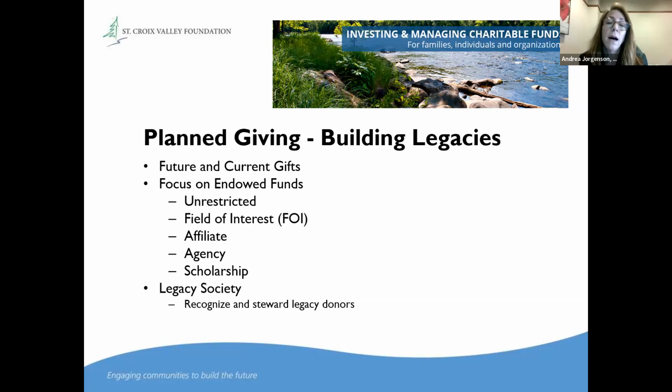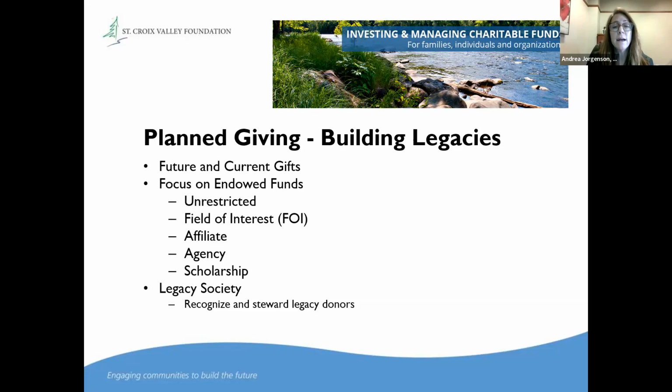As Emily mentioned, the unrestricted funds, of course, offer the most flexibility for the St. Croix Valley Foundation, and it also gives us the responsiveness to be able to meet the needs, those that are seen and unforeseen, as the board sees the needs in that immediate moment.